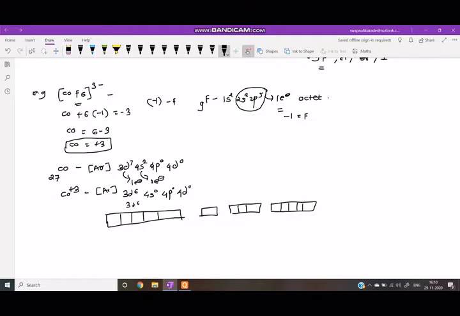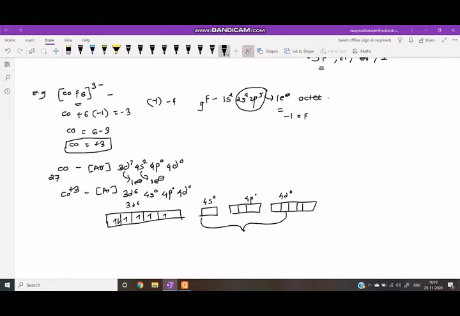3d6, 4s0, 4p0, 4d0. 1, 2, 3, 4, 5, 6. Weak field ligand, therefore no pairing of electrons takes place. Here there are 6 ligands, and they require 6 vacant orbitals.